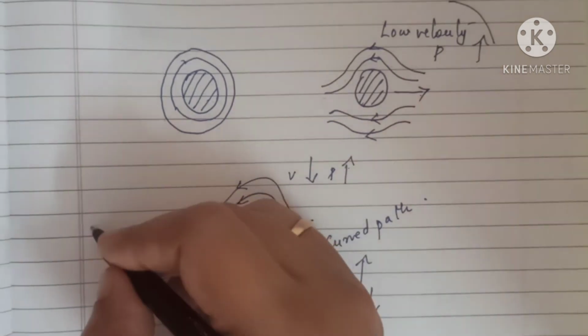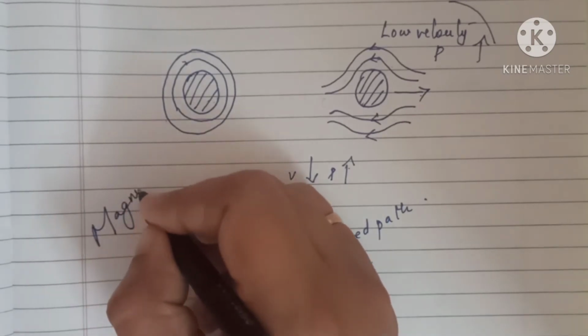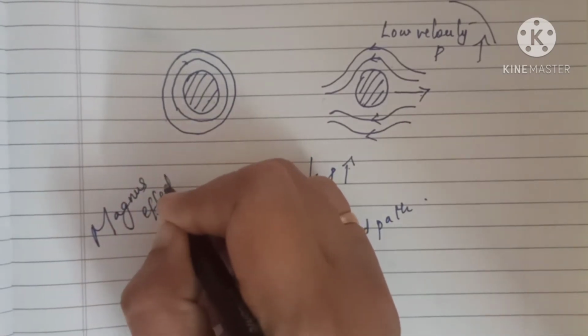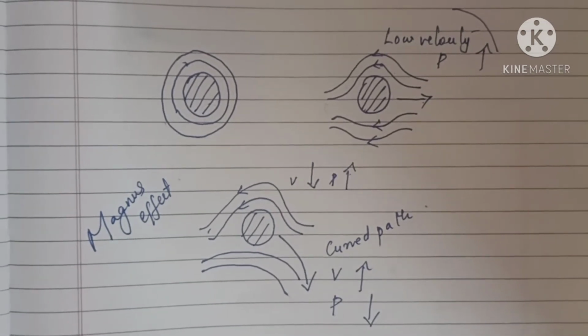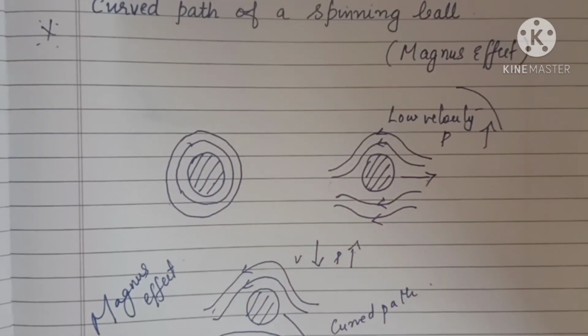This effect is known as the Magnus effect. Clear? So this is the curved path of a spinning ball, or you can call it the Magnus effect. This can be explained with the help of Bernoulli's principle.